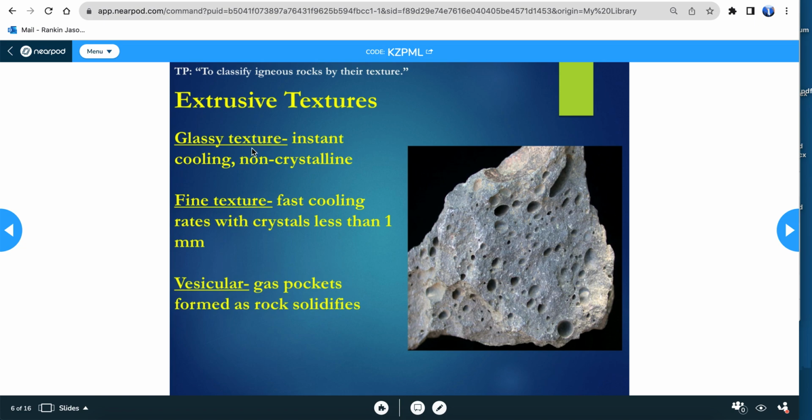In addition to glassy, we have fine textures, F-I-N-E, and everyone here should know what fine means. Fine means small. So this is going to result in fast cooling with crystals less than 1 millimeter.